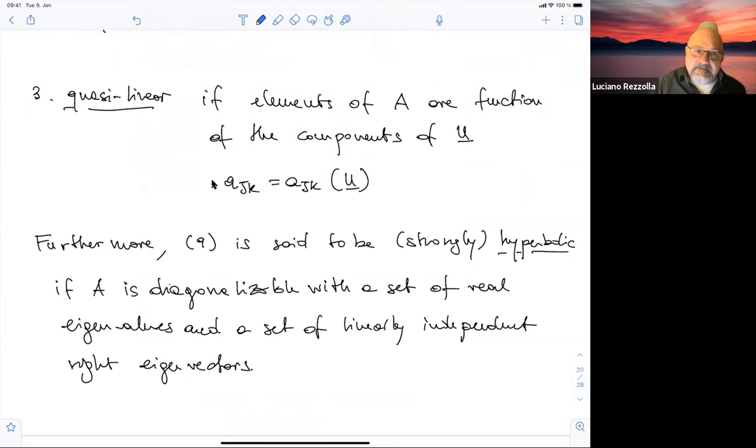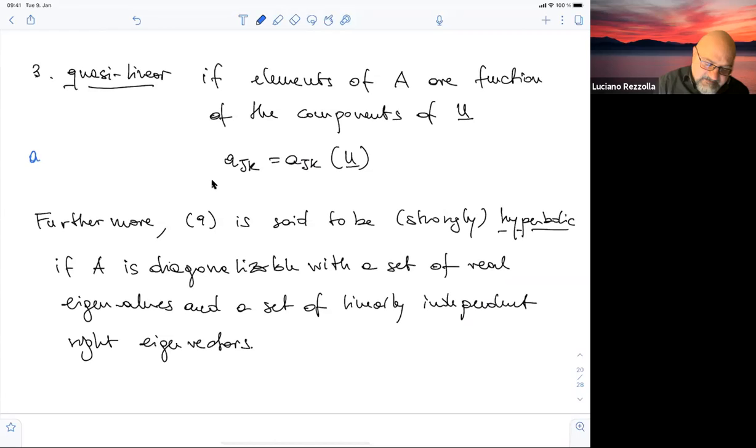So they call nonlinear a system where A, J, K is a function of the derivatives of U, okay? So that for them is a nonlinear system. And so that's the complete classification system. And there are no other limitations. You can build whatever system you want.